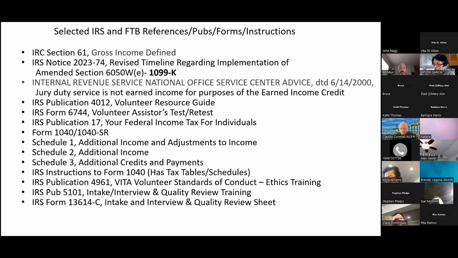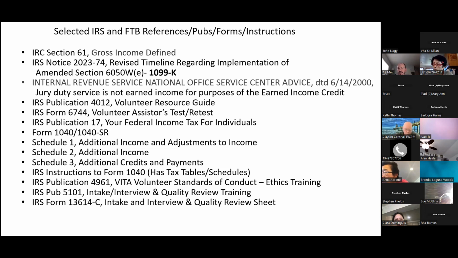And the publication 4012 does a pretty good job differentiating between earned income and income that is not considered earned income. And so we do have people who go on jury duty. And when you look at the software, it asks you, once you select jury duty pay, if that's considered earned income. The answer is no, it's not.